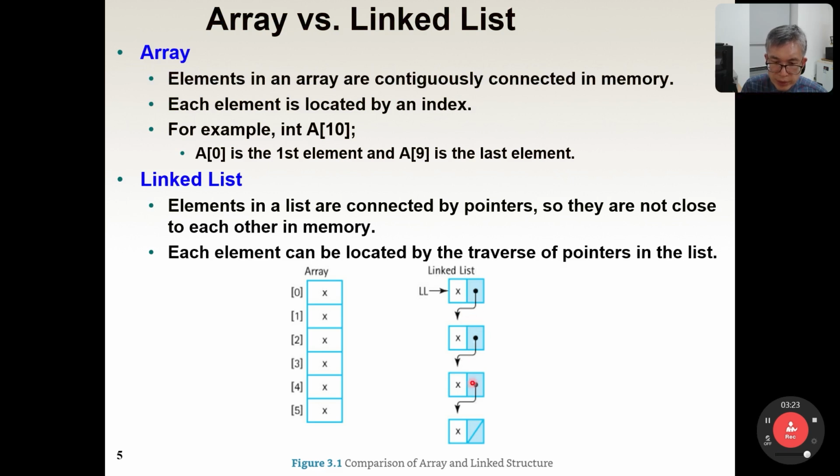So we can make this kind of linked list. Elements in a list are connected by pointers, so they are not close to each other in memory. Each element can be located by traversing the pointers in the list from the front pointer, which points to the first node of the linked list.